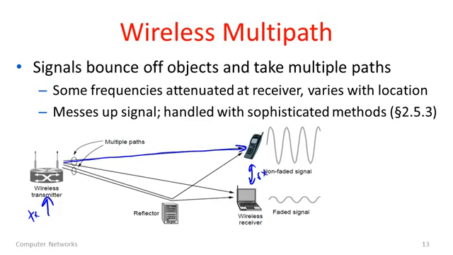Some of it might go directly to the receiver. Another bit of it might go in a different direction, but bounce off a filing cabinet, the classic thing, and also arrive at the receiver. The receiver will then see two different signals that arrived over multiple paths. These signals will be superimposed, so they will add.